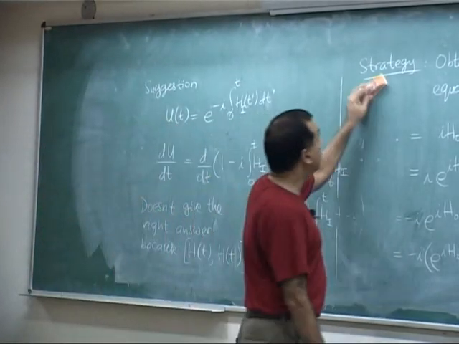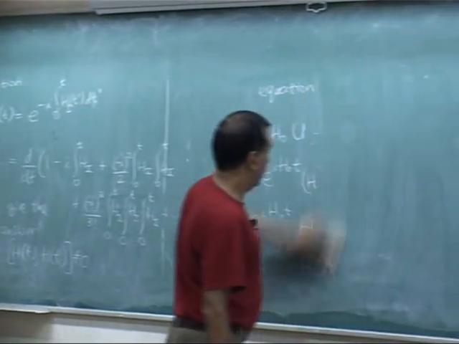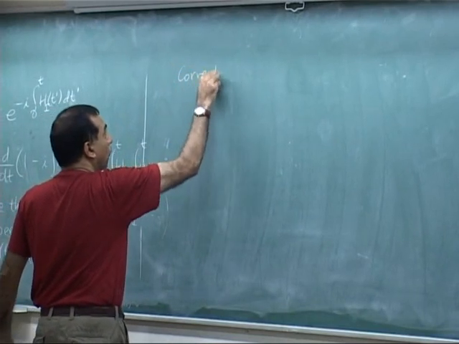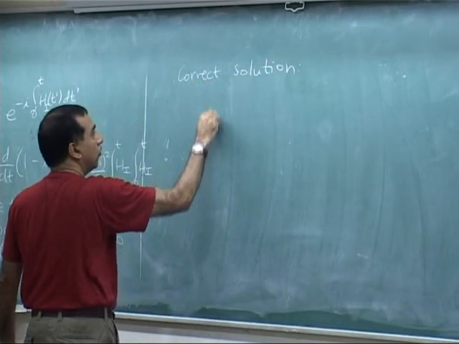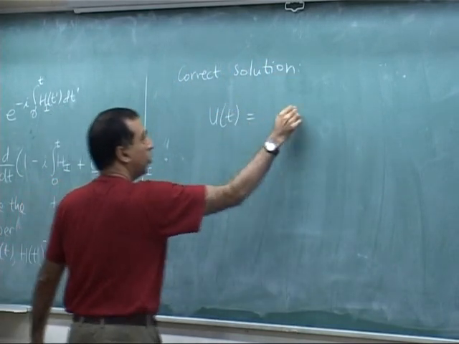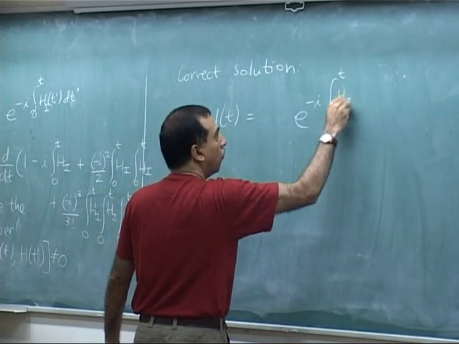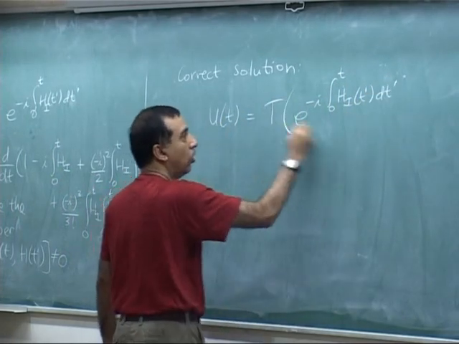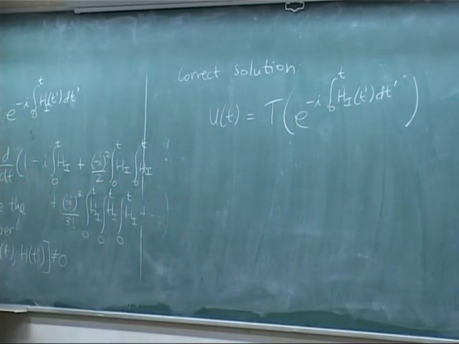So let's give a solution. It's a very pretty solution. The solution is got by putting a familiar symbol outside the right-hand side, and it's the time ordering symbol, T of that.